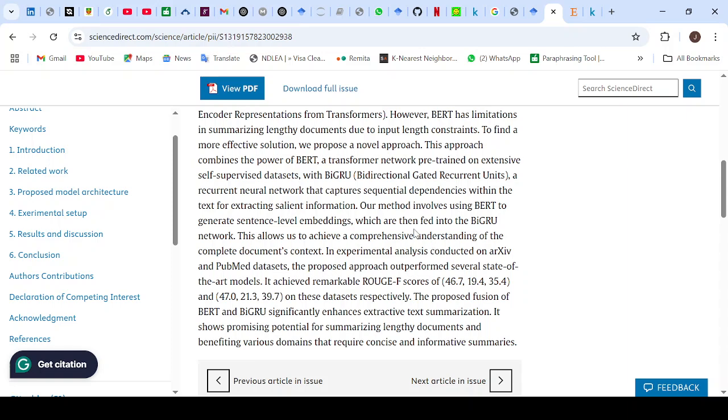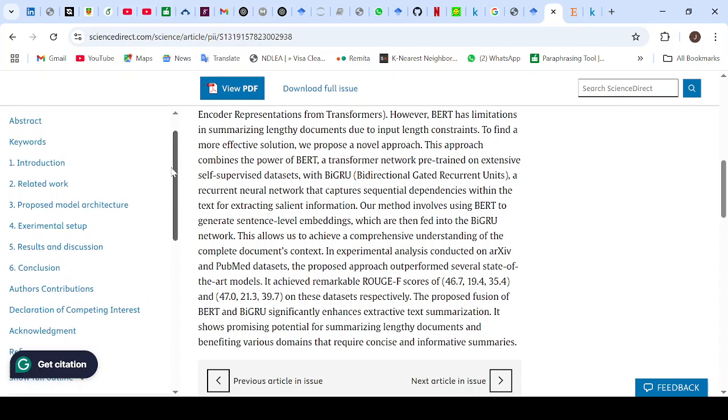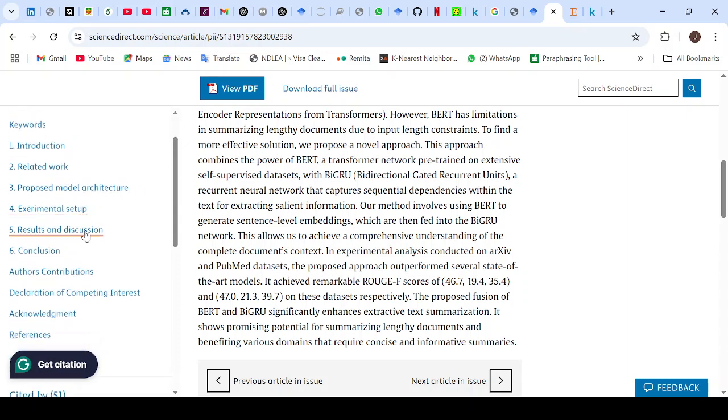So in this abstract, we did not really get a limitation of their study. But this journal arranges the paper very well such that you can easily go to the concluding part. Look at the results. You can have time to read their results and their proposed model architecture.